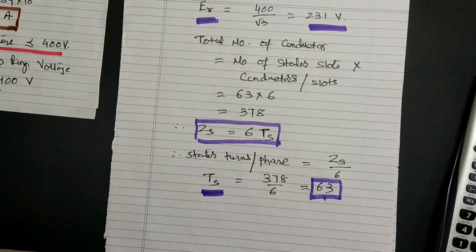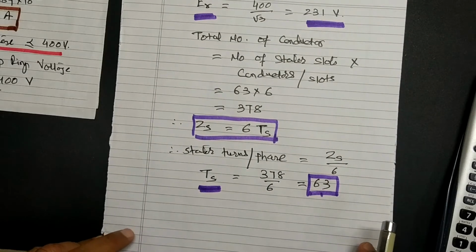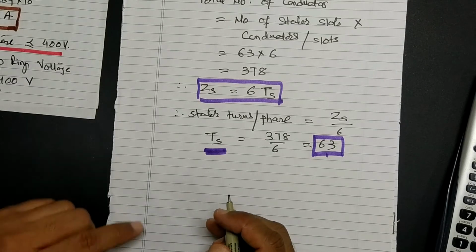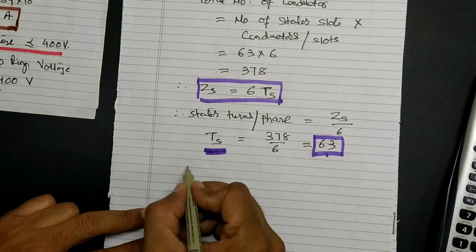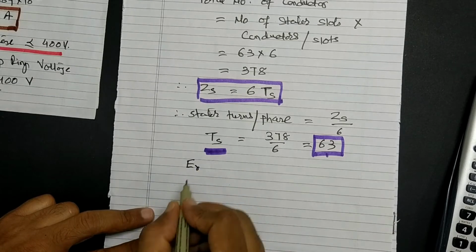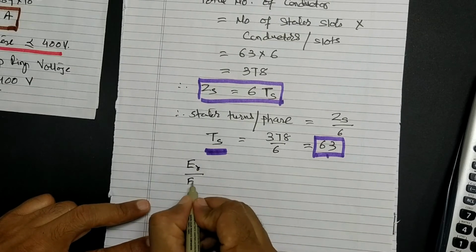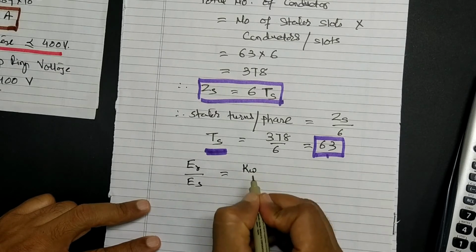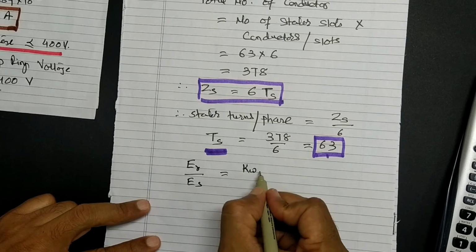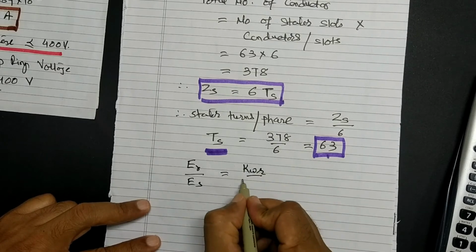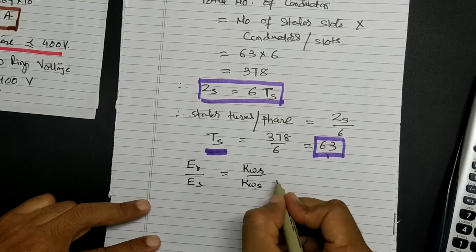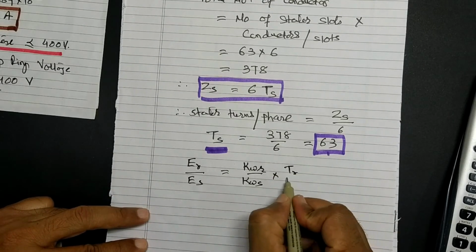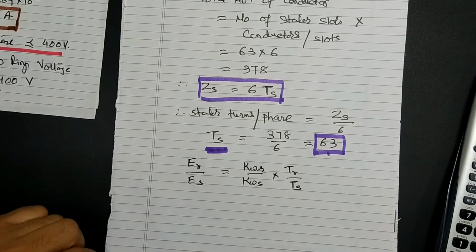Now, to calculate our total number of rotor turns, we have one very simple equation: the rotor voltage to stator voltage ratio is equal to the rotor winding factor to the stator winding factor, multiplied by rotor turns to stator turns.